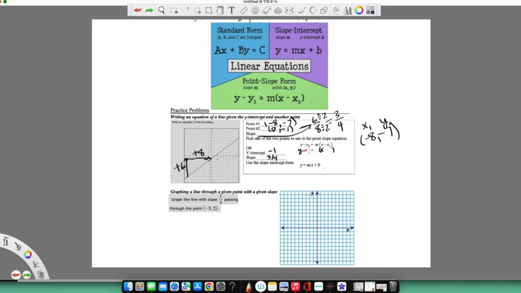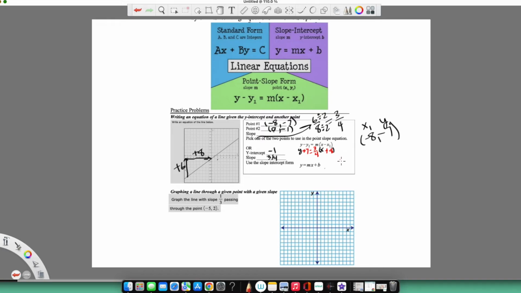So minus -7 is actually going to be +7 because it's minus negative. So I'm going to write that a little bit nicer so that I have more room here. Equals my slope, which is 3/4. We found that in the step up above here. And then minus -8, which is going to be +8 again. So here's one equation that I could use.